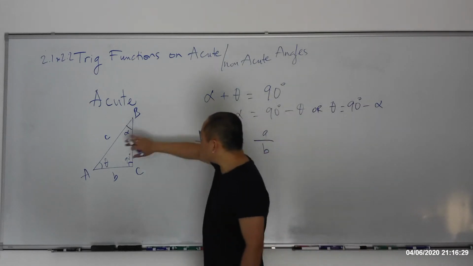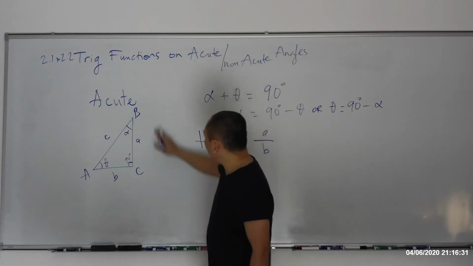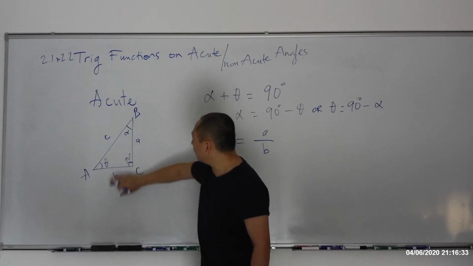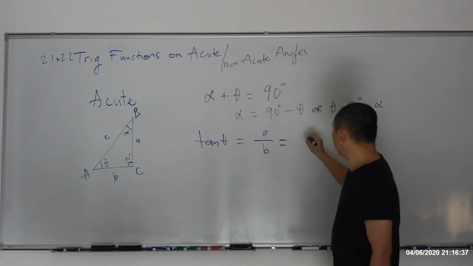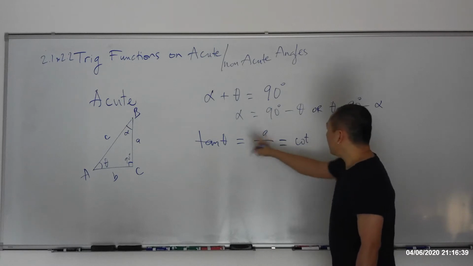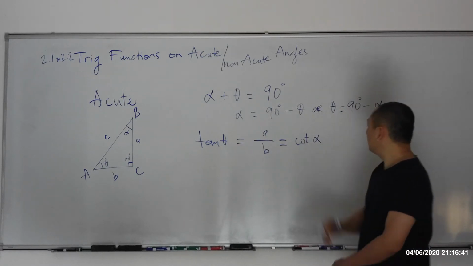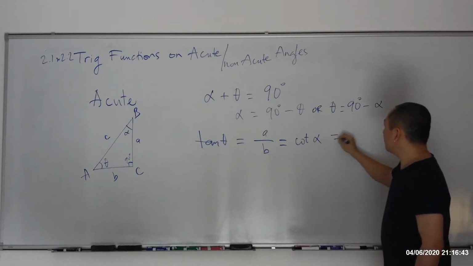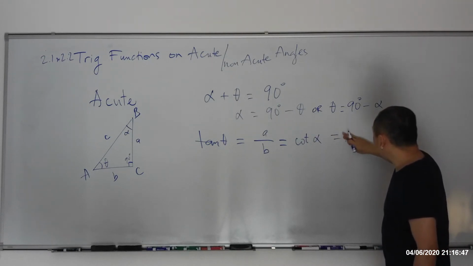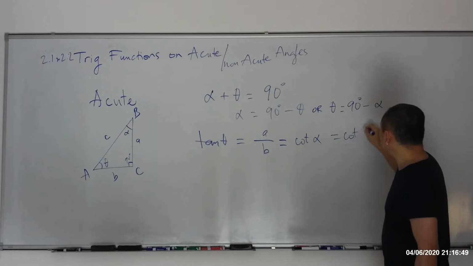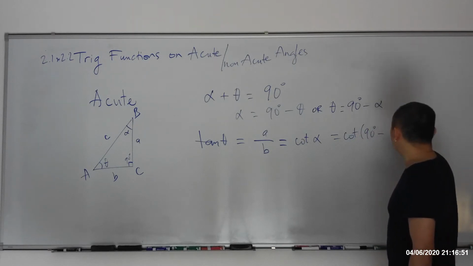Now, look at angle alpha right here. What is a over b? a over b is adjacent over opposite. And we know that adjacent over opposite is cotangent. So tangent of theta is going to be equal to cotangent of alpha, and alpha is 90 degrees minus theta. So this is cotangent of 90 degrees minus theta.